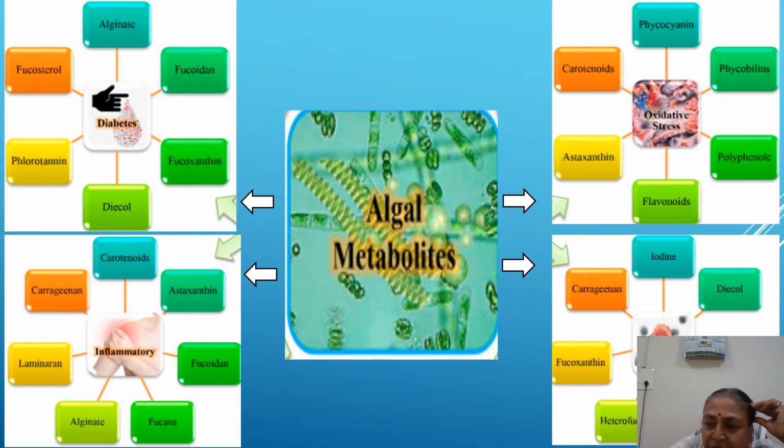Besides this, it also helps in stress management. The mineral iodine, then dicol, fucoxanthin, and carrageenans, all these will help in curing diseases like cancer, fatal diseases of human beings.